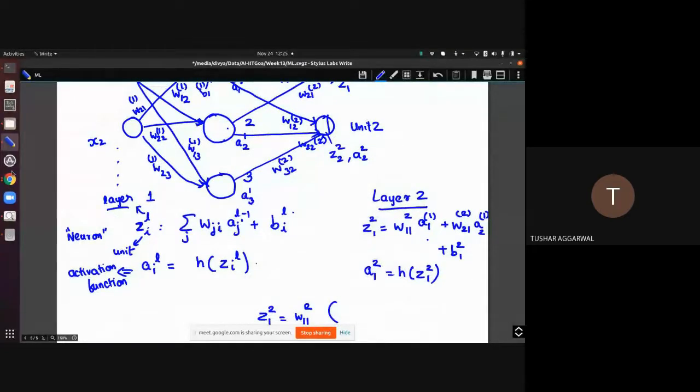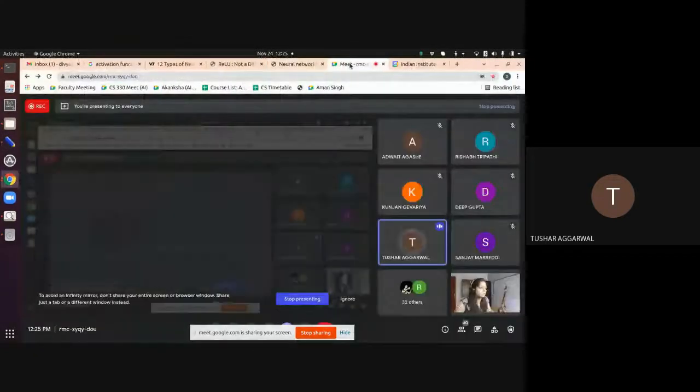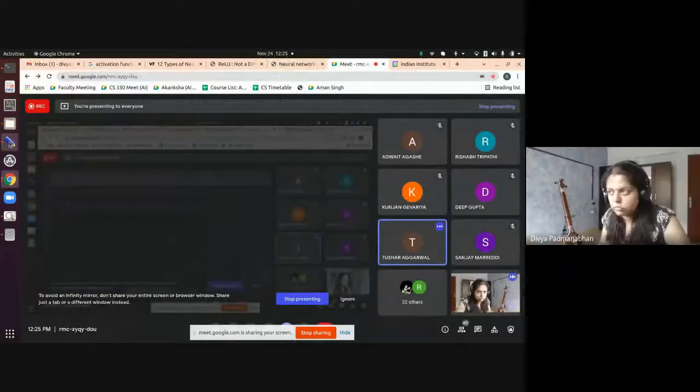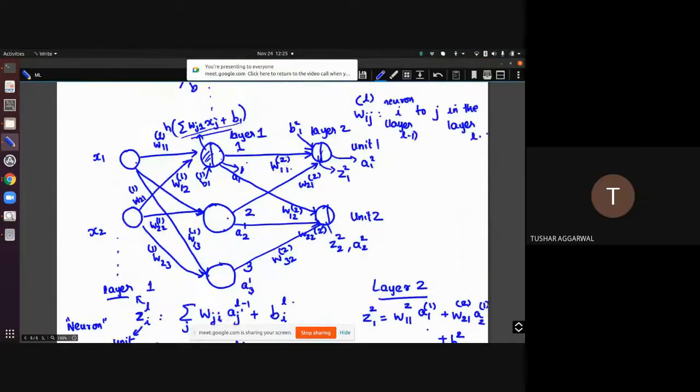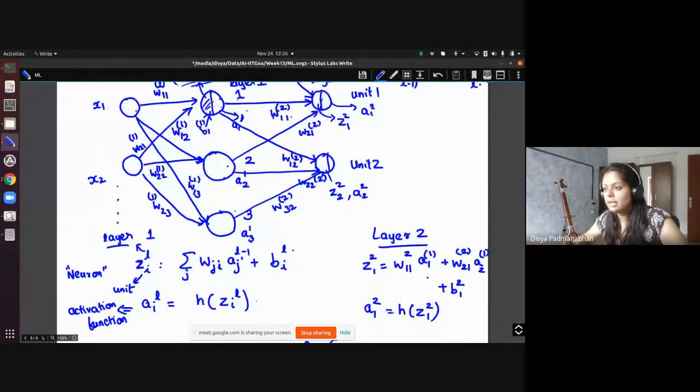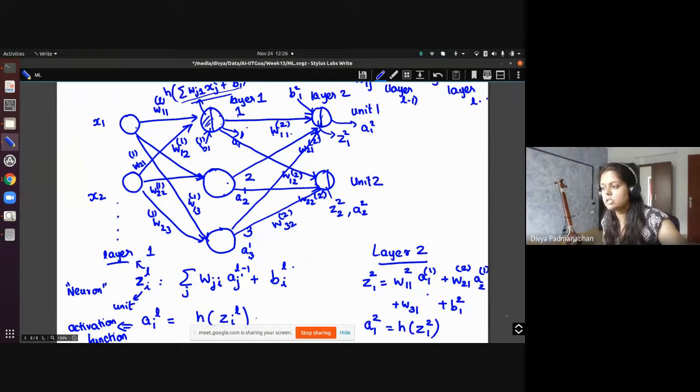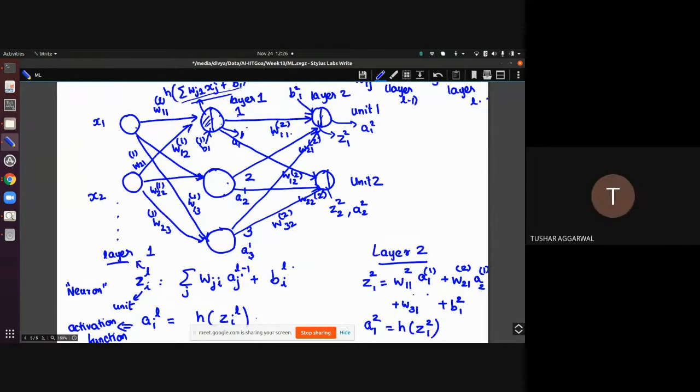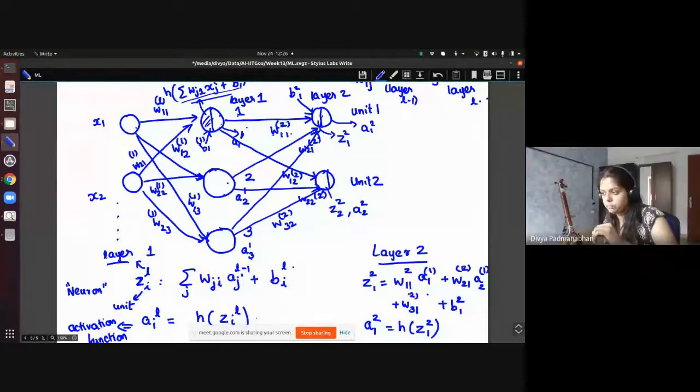Then we need to consider A13 also, right? In the Z12, yes, A13. So I needed to draw this connection. There's one more here. So you have W31 of 2 into A3 of 1.